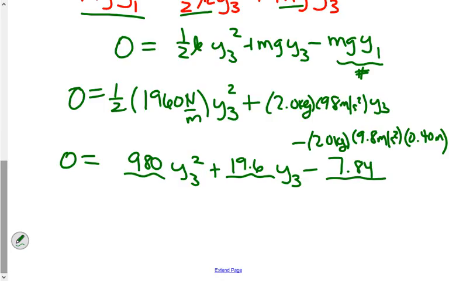Oh my, there's something wrong with this calculator. Something terribly wrong with this calculator.